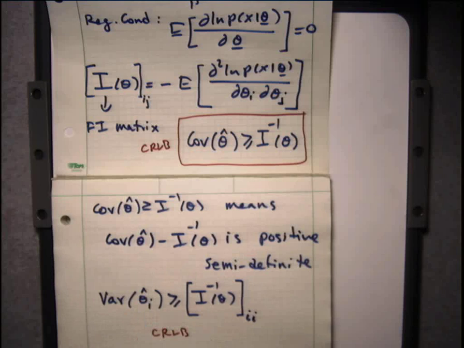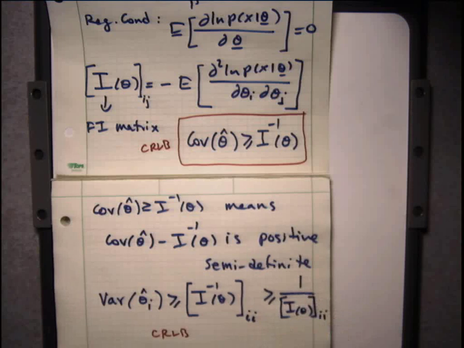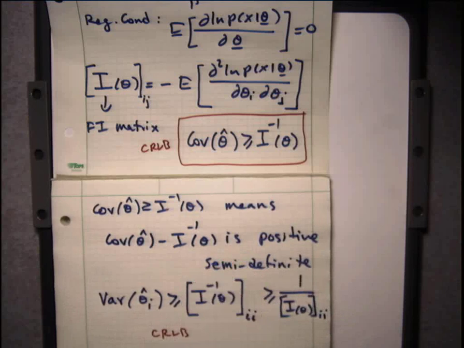Now you might want to do something a little more lazy. What if I just did this? Would that be a bound? In other words, I take the ith element of the Fisher information matrix. I don't invert the matrix.